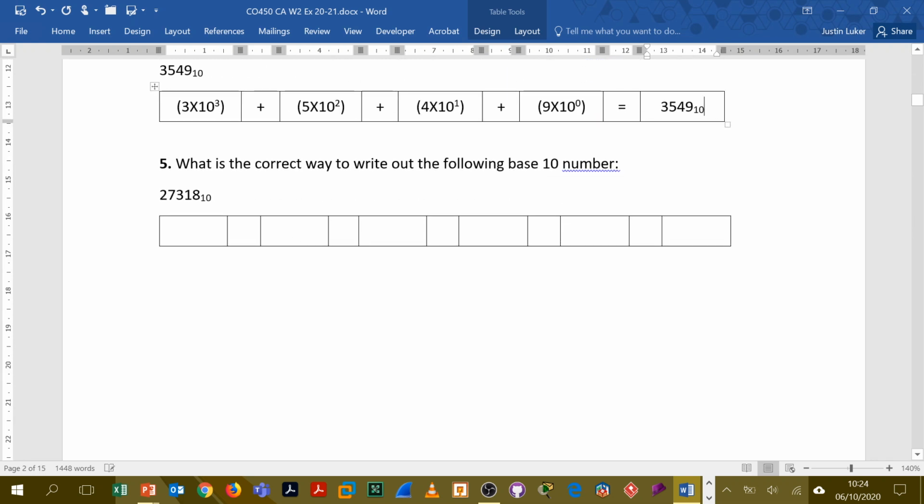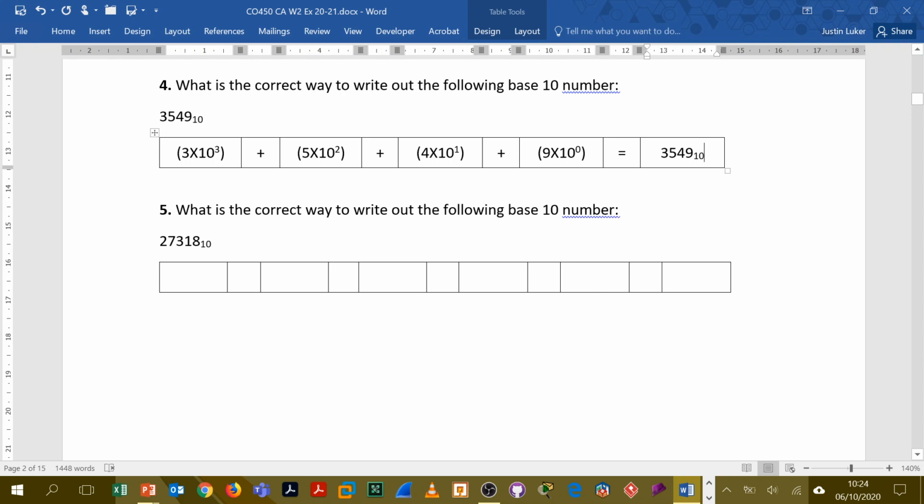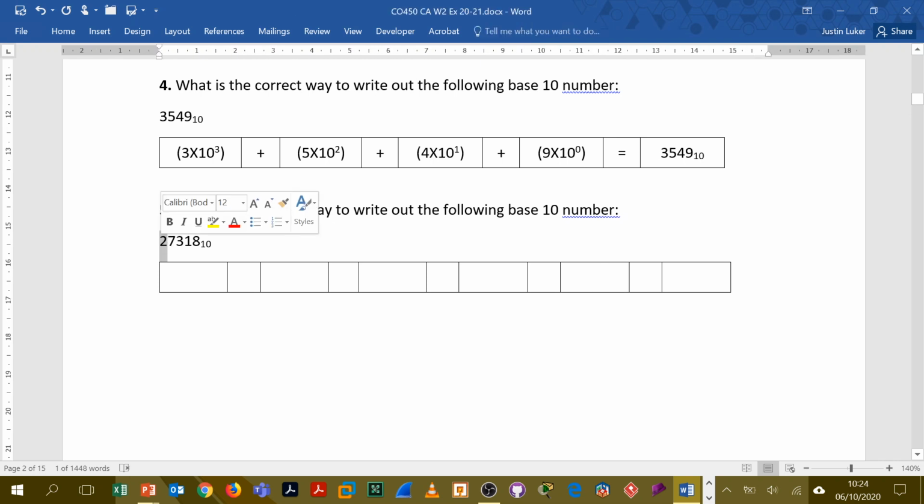Okay, and the last one there, we now got 27,318. So again, we've moved across to use another digit. So the power of this number, the 2, has gone up by a factor of 10. So now we are into 10 to the 4.